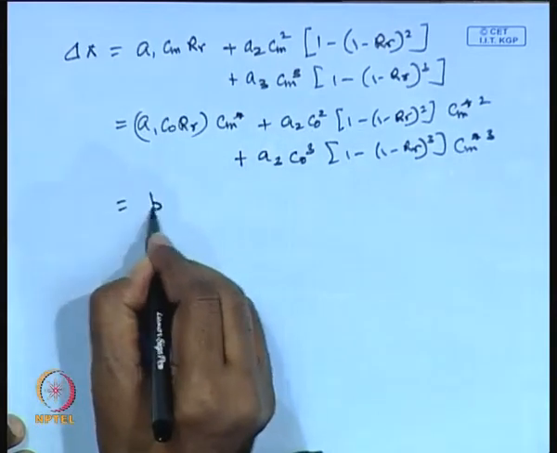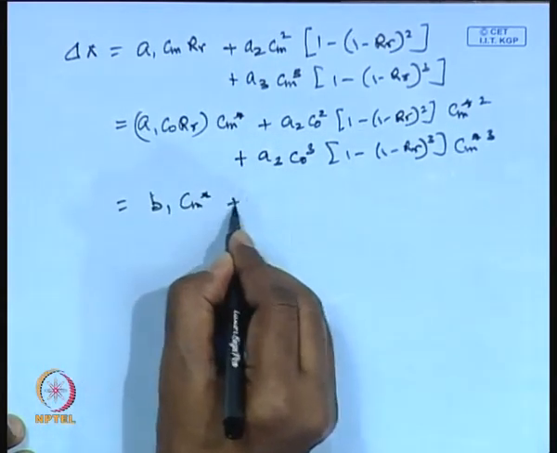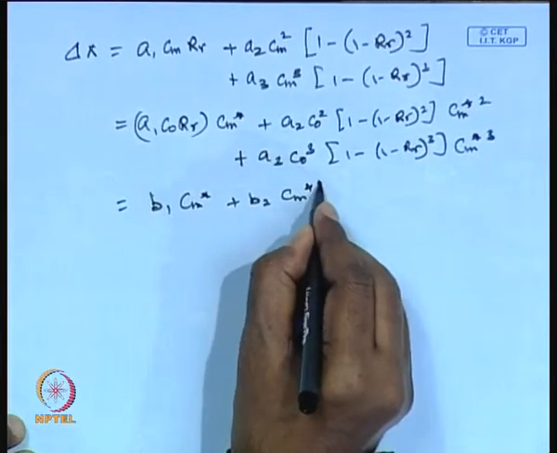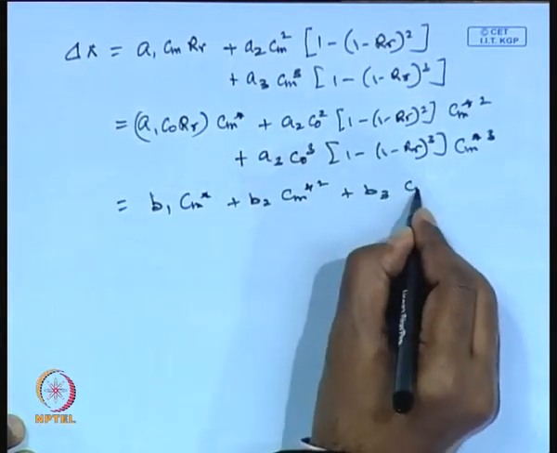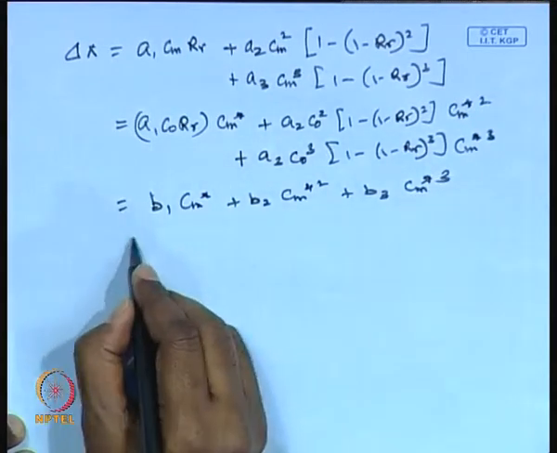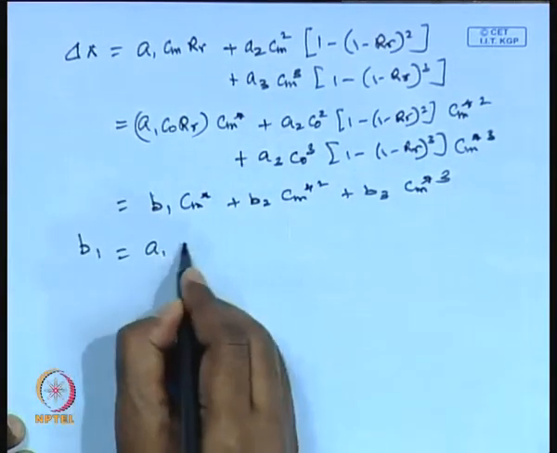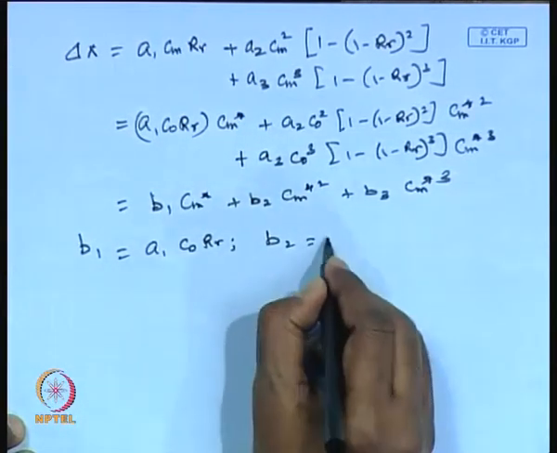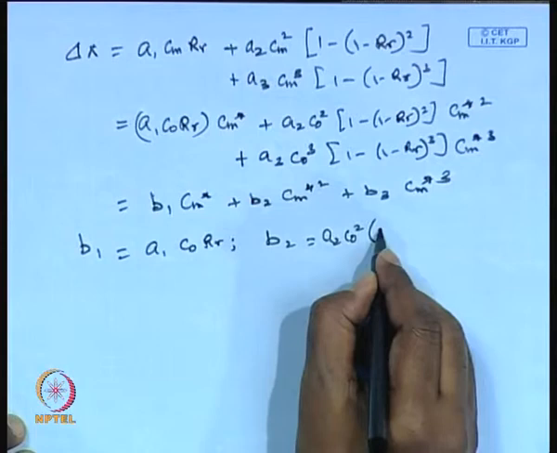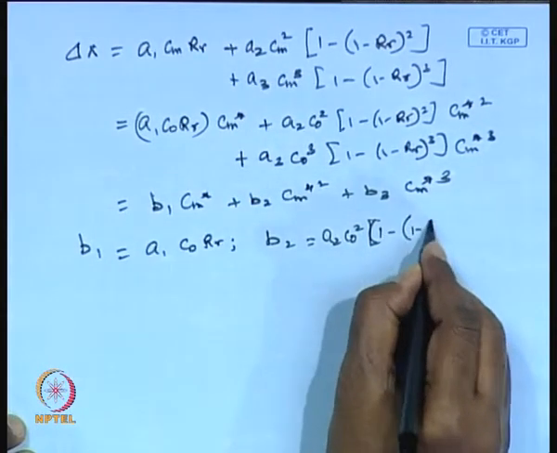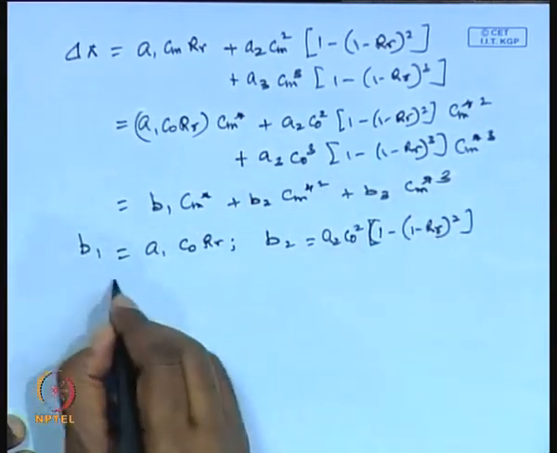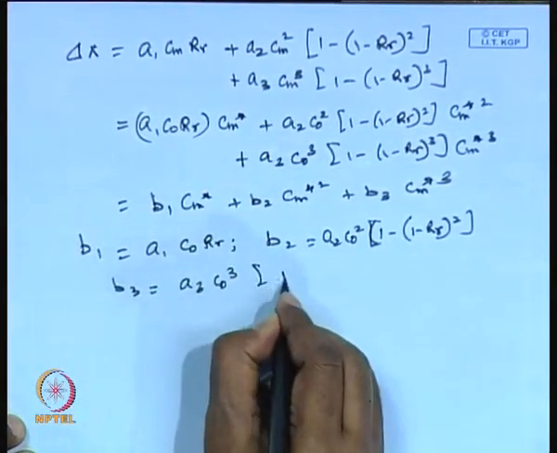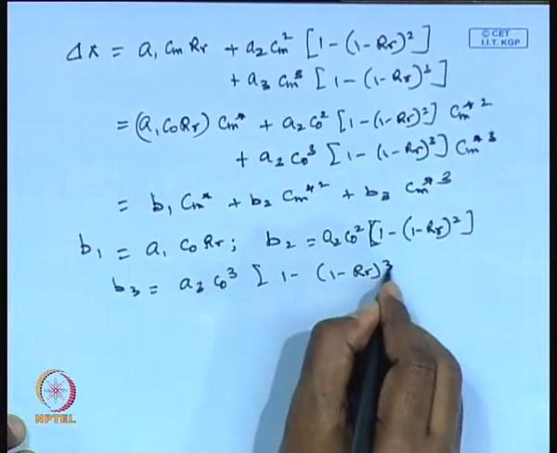This becomes B1 times Cm star plus B2 times Cm star square plus B3 times Cm star cube, where B1 is nothing but A1 C naught RR, B2 is A2 C naught square 1 minus RR whole square, and B3 is A3 C naught cube 1 minus RR whole cube.